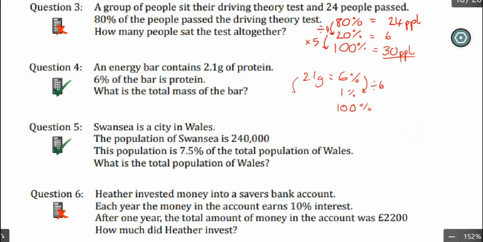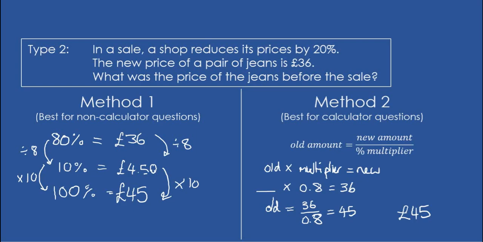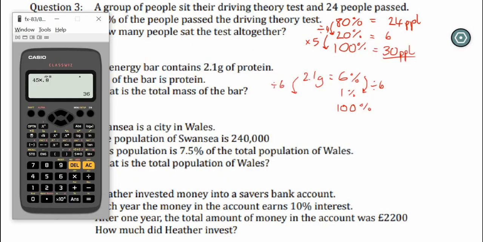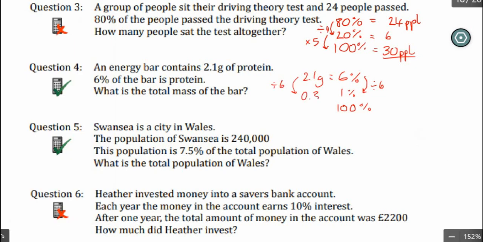So divide by 6 to find what 1% is. 2.1 divided by 6 gives us 0.35. Times by 100 to turn it into 100%. Okay. And that would give us 35 grams in the bar.